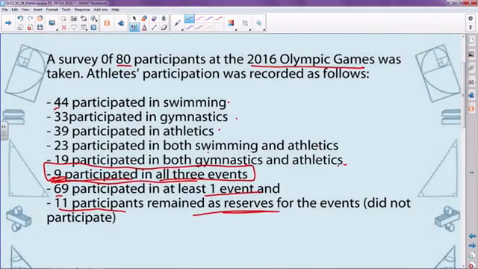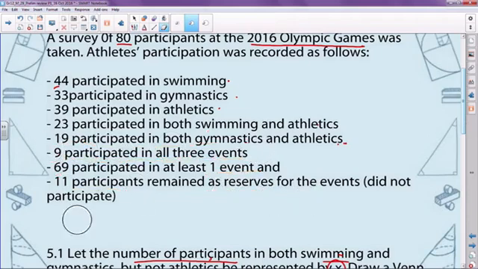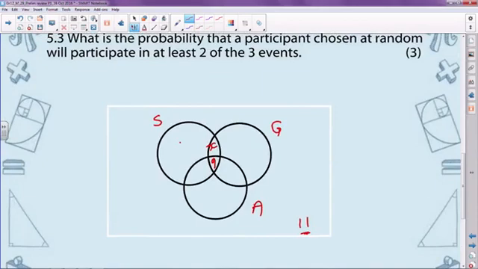Okay, again, what I like to do is I always like to work from the intersections. So I'm going to go to the next piece of information with the intersections. They tell us that 23 people participated in both swimming and athletics. So remember, that's going to include the number of people that participated in all 3 events.